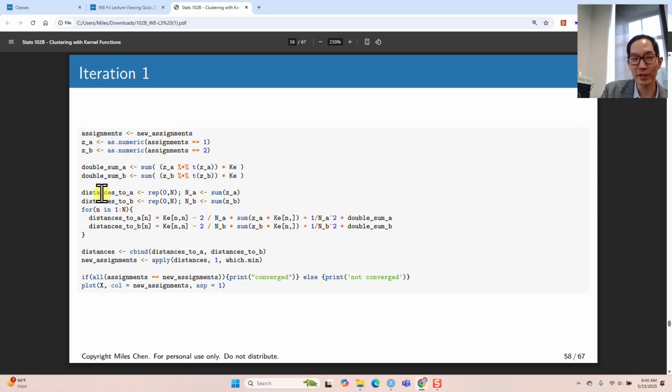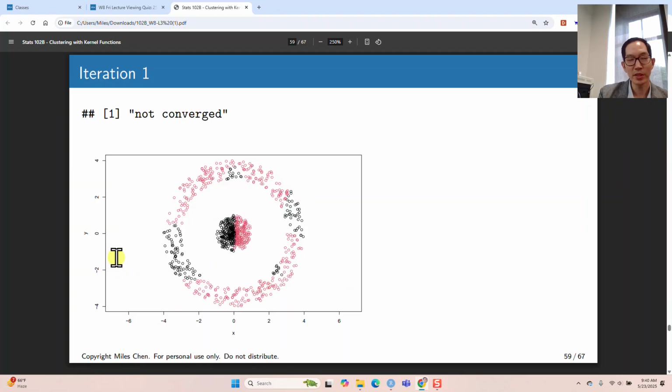This is how we're going to calculate our distances to centroid A and our distances to centroid B without actually figuring out the centroid location of A and of B. And we're going to just reassign our points. So this is after one iteration, it reassigned points, some to red and some to black.